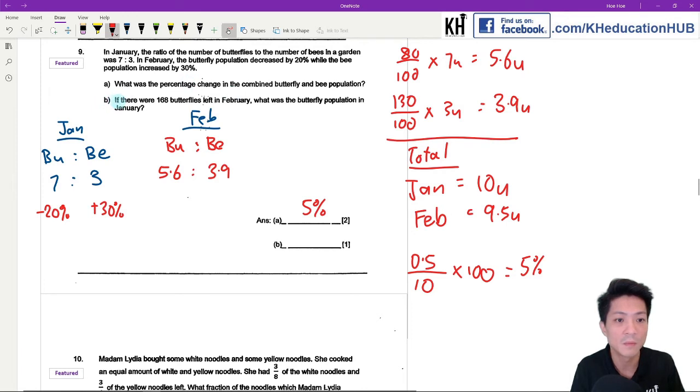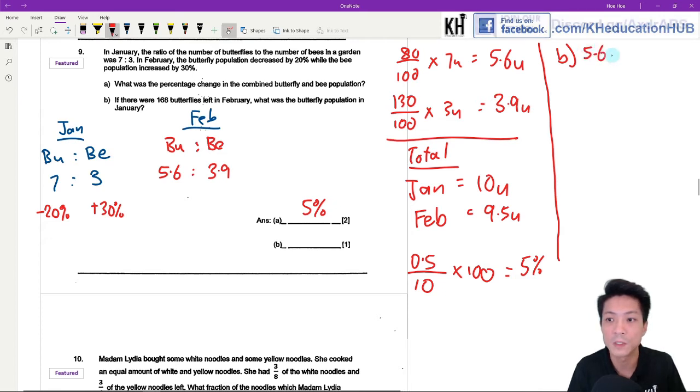Next, part B. If there were 168 butterflies left in February, which is 5.6 units, what was the butterfly population in January? I'm going to write part B over here. 5.6 units is equal to 168.